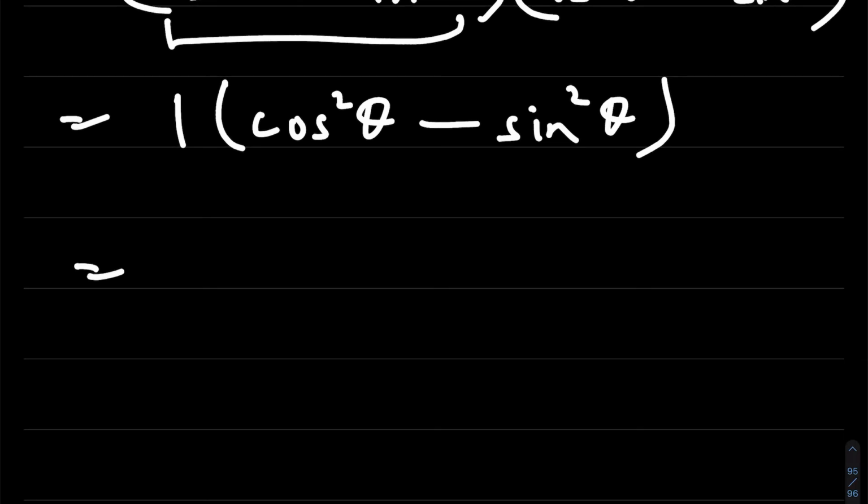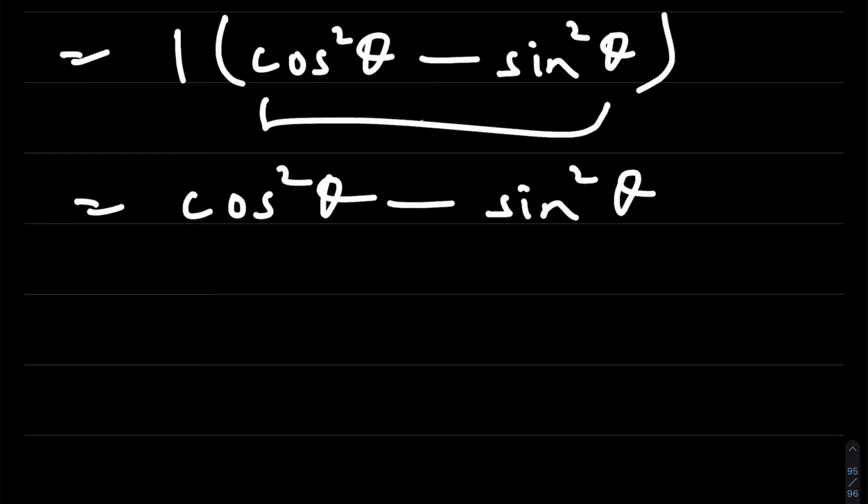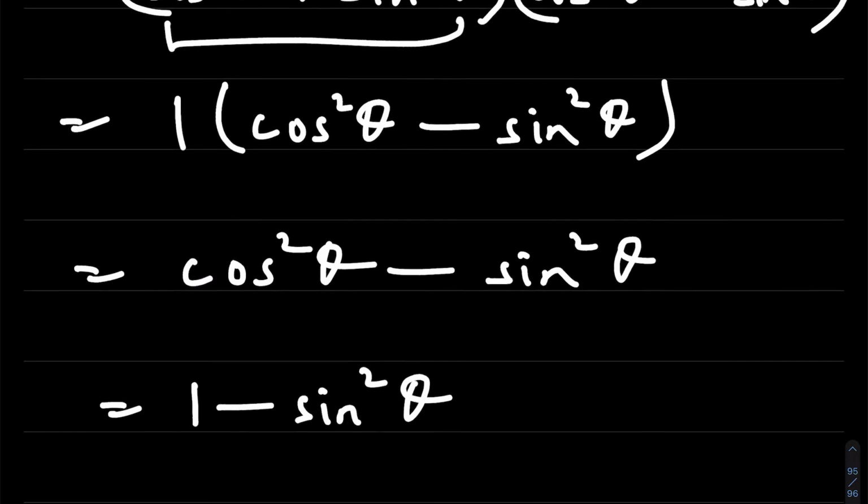Now I can write cos squared theta in terms of sine squared theta. 1 times this is the same as cos squared theta minus sine squared theta, and cos squared theta is the same as 1 minus sine squared theta. What do I really want?